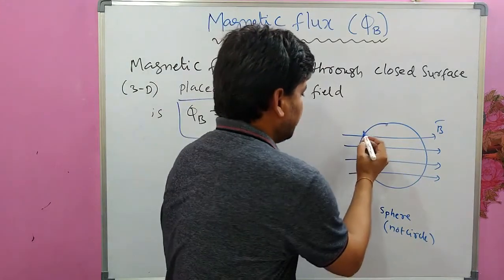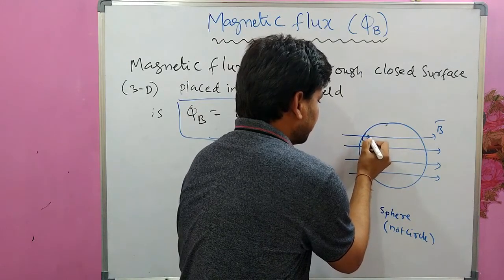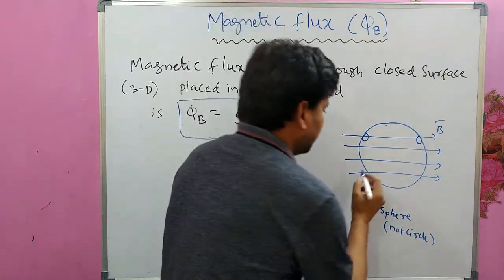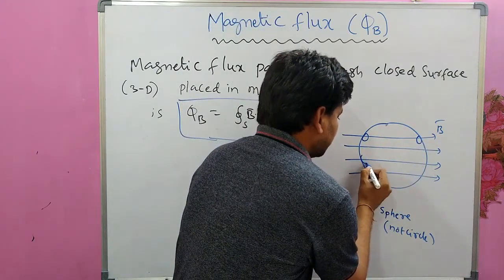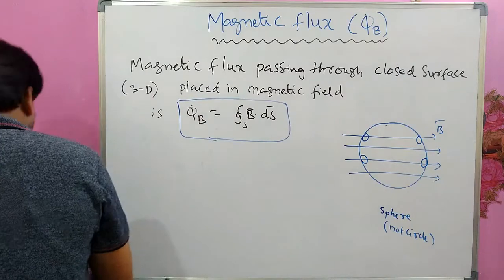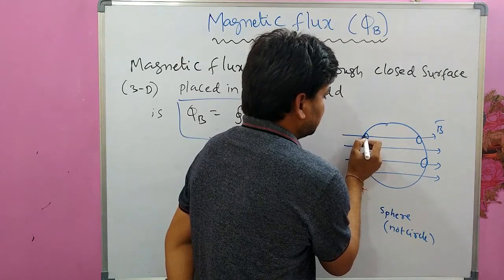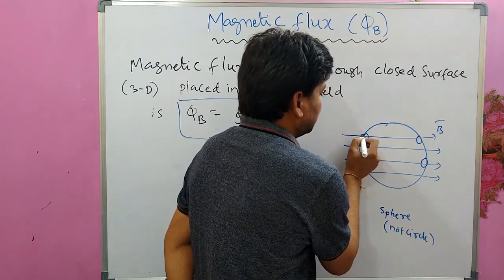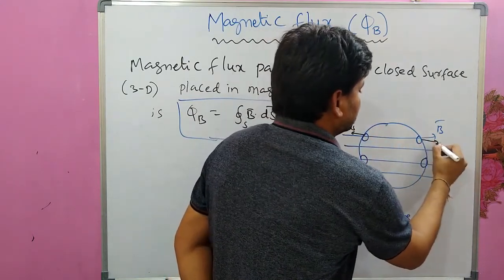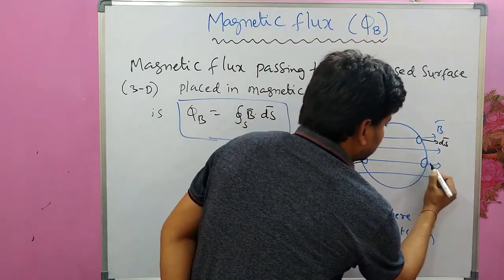If you consider a small area element at this particular place, and at this particular place, and similarly another place, wherever, the area vector direction for this is this side, and for this is this side.